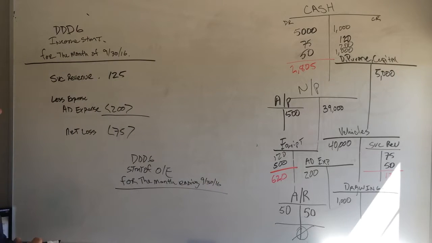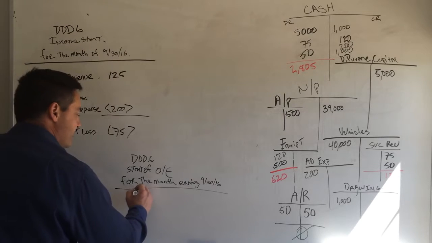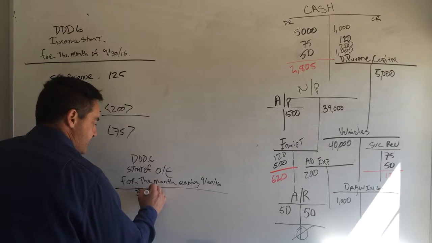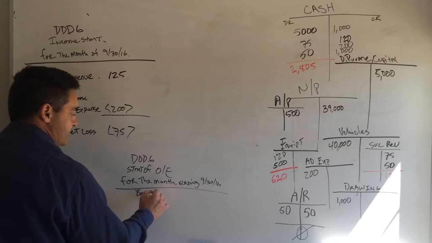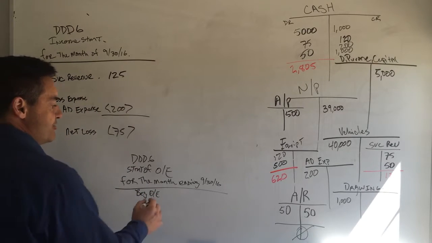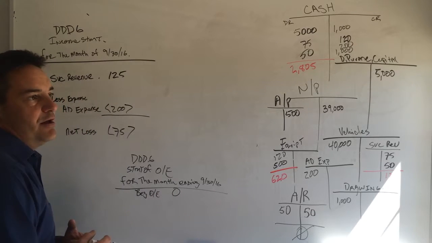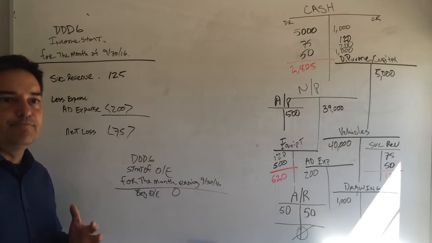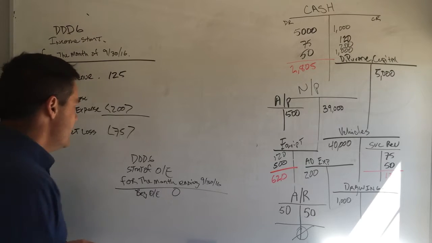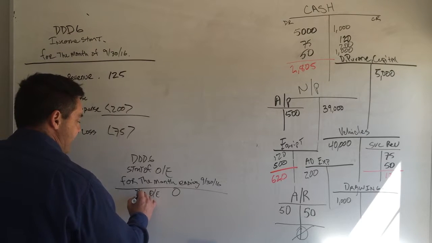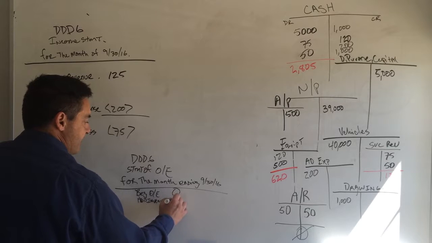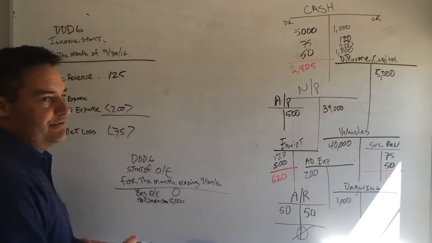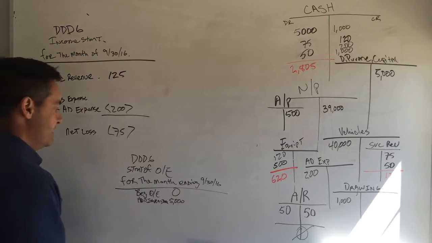So the beginning balance, because this is a new business, our beginning owner's equity is going to be 0, because remember that would have been the beginning as of September 1st. Then we have to add the investment that happened during the month, and that was $5,000 of investment. That was that $5,000 check that we went into the bank and wrote.